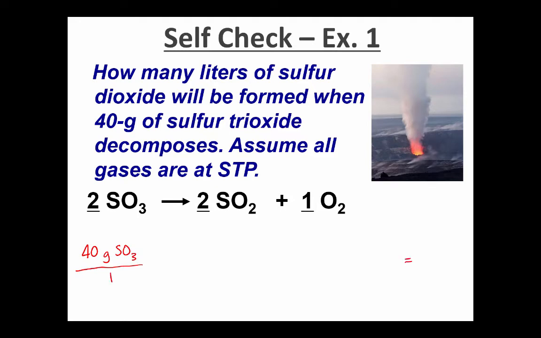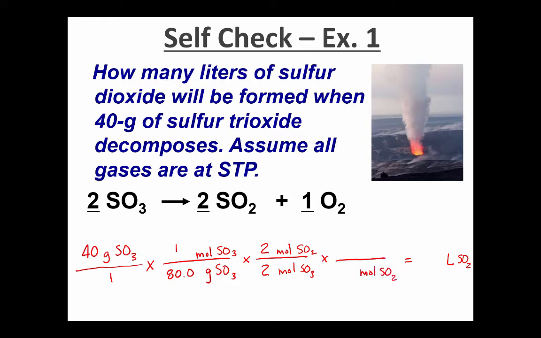Next, we write the unknown units, liters of SO2. And then we fill in conversion factors, going from grams SO3 to moles SO3. Next, the mole-mole ratio. And finally, we convert moles into liters.